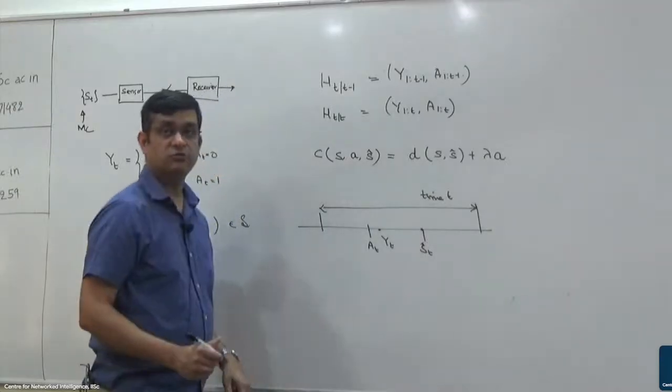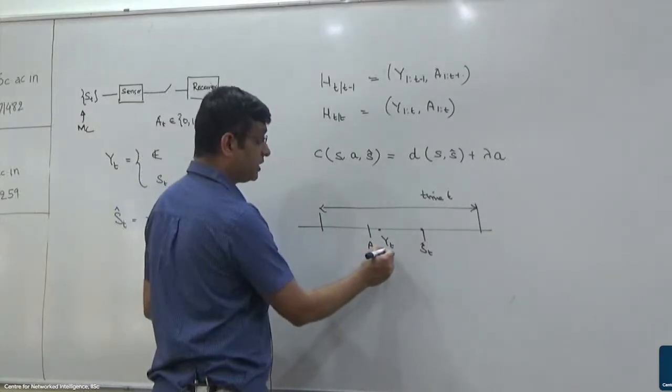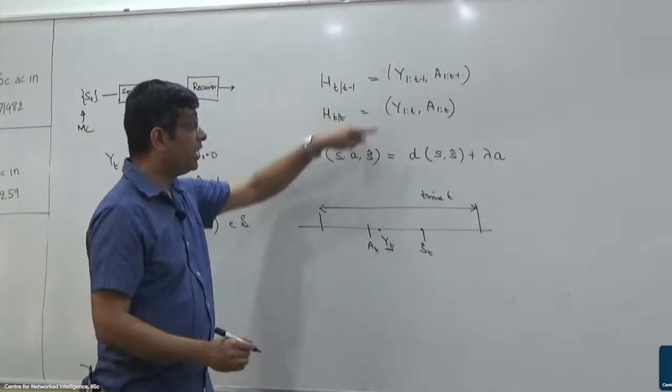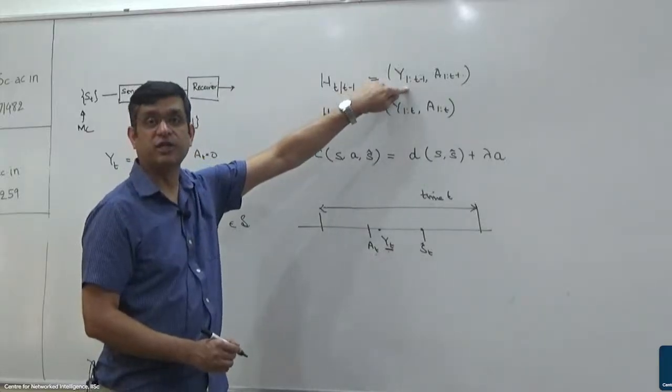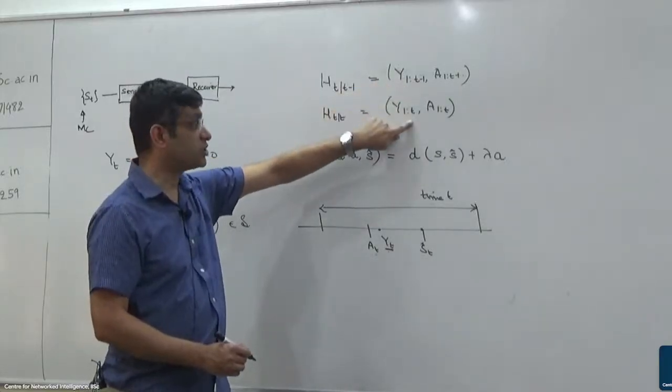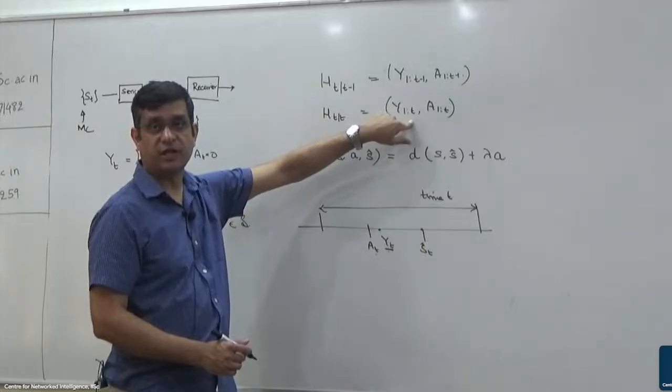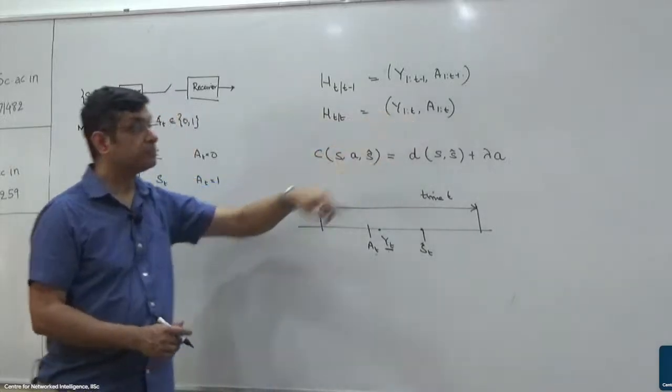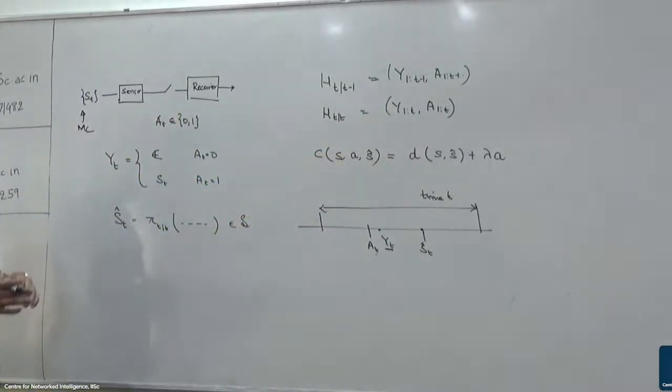Okay. So I'm calling this t given t minus 1 in the sense that the information that I had here was till t minus 1, and at this stage I'm taking a decision based on the information that I have at time t. Okay.